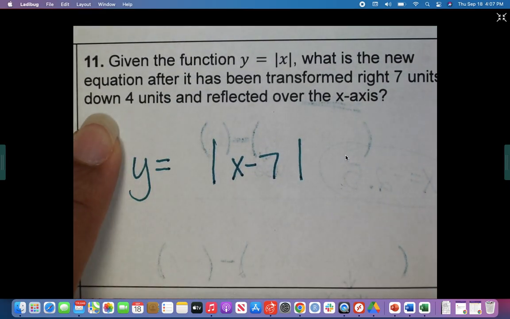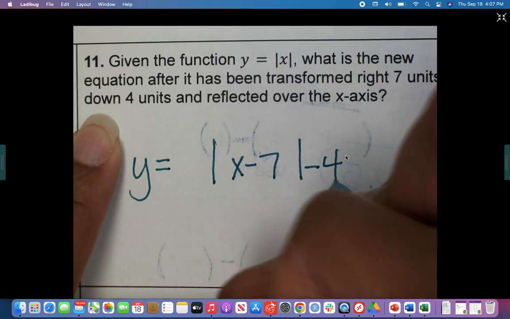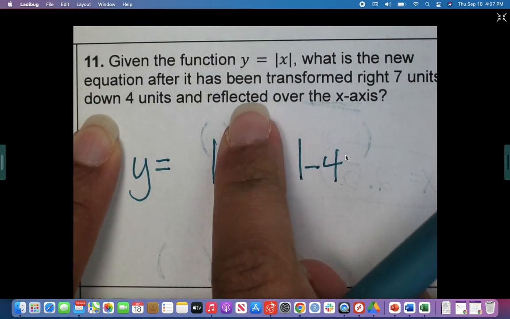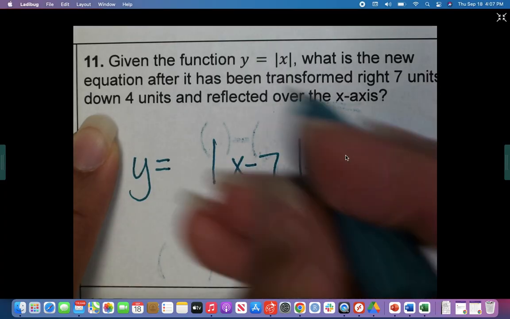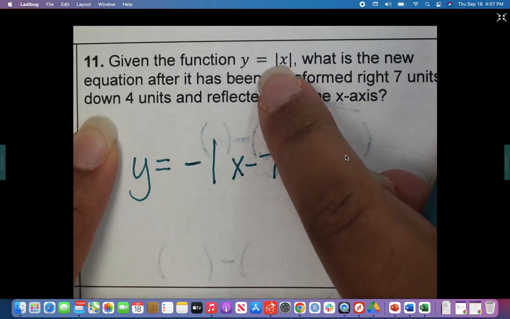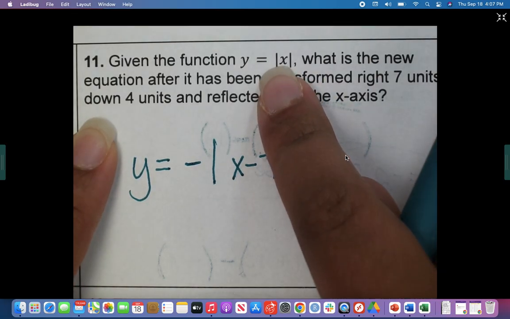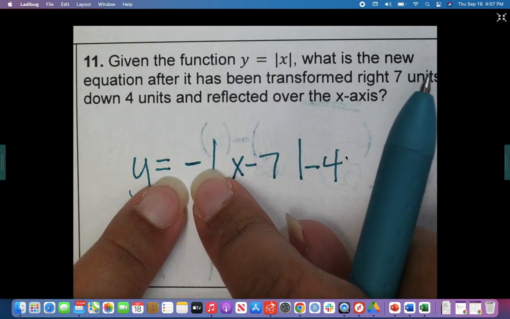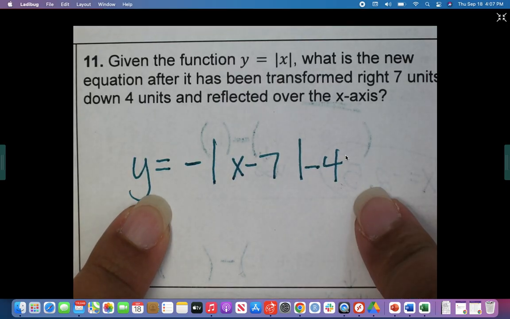Down 4 units, so that's going to be minus 4. And then reflected over the x-axis, so that is your front number, that's your a value. That just means it's going to change signs. Normally it's positive, so if I want to reflect it, I have to change the sign, so now it's going to be negative. This right here would be your final answer for that.